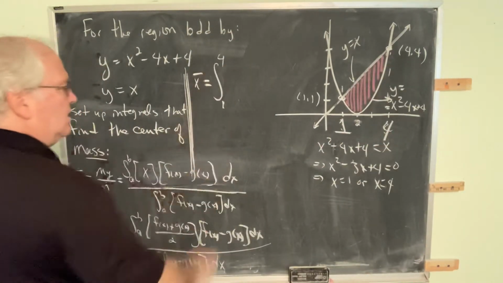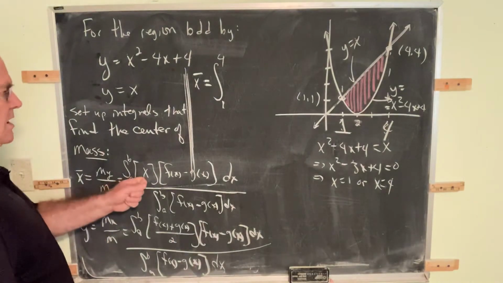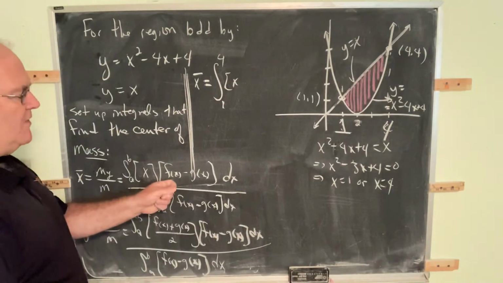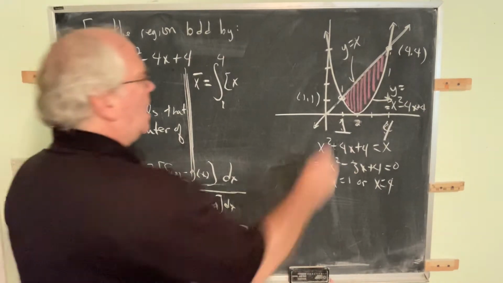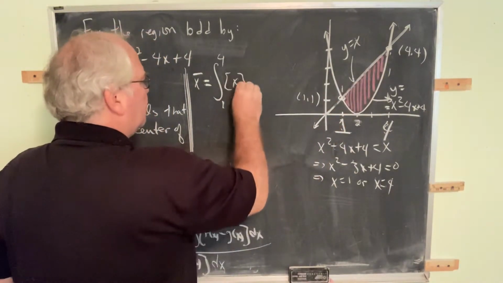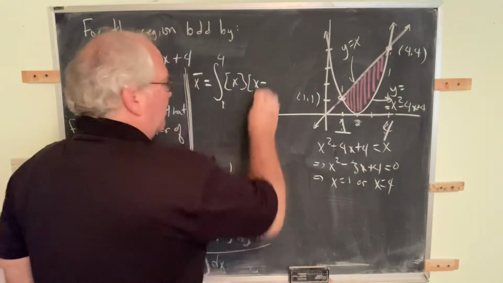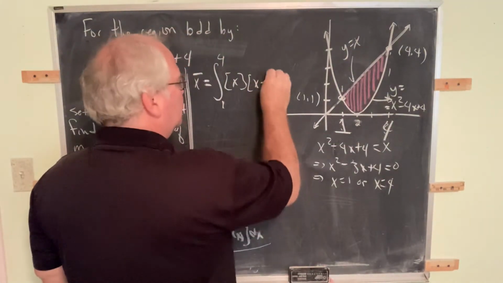All of these integrals will be from 1 to 4. We need x times the top function minus the bottom function. Top is the line, minus the bottom, which is the parabola, and we need to subtract the quantity.